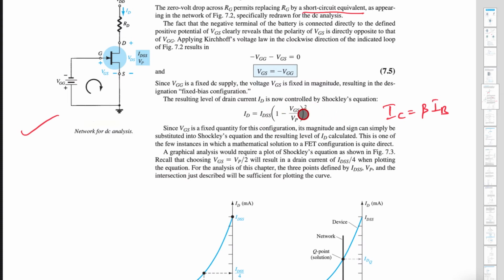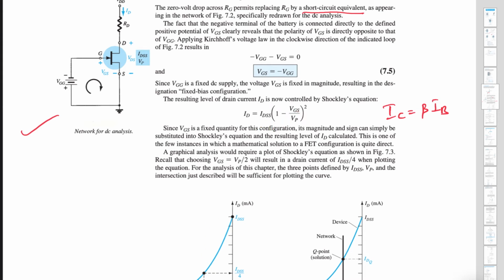Now in this equation you substitute VGS equal to VP, VGS equal to 0, and VGS equal to VP by 2, and you will get these values. Here VGS is equal to VP. What happens? 1 minus VGS by VP: VP by VP is 1, and 1 minus 1 is 0, so ID becomes 0.